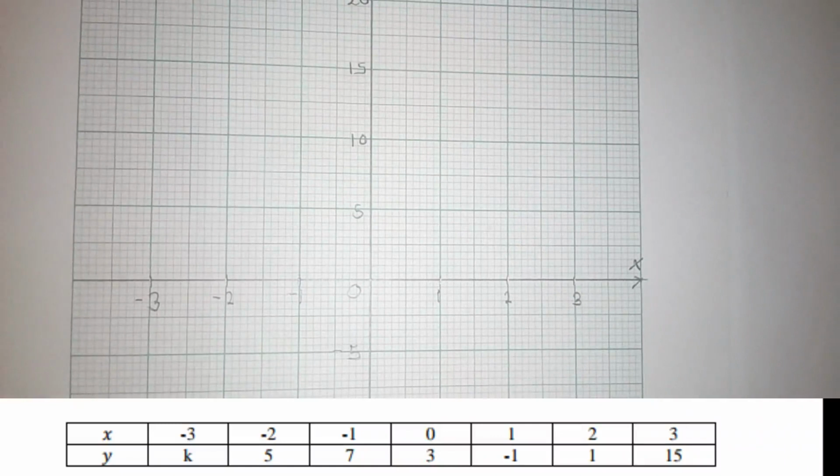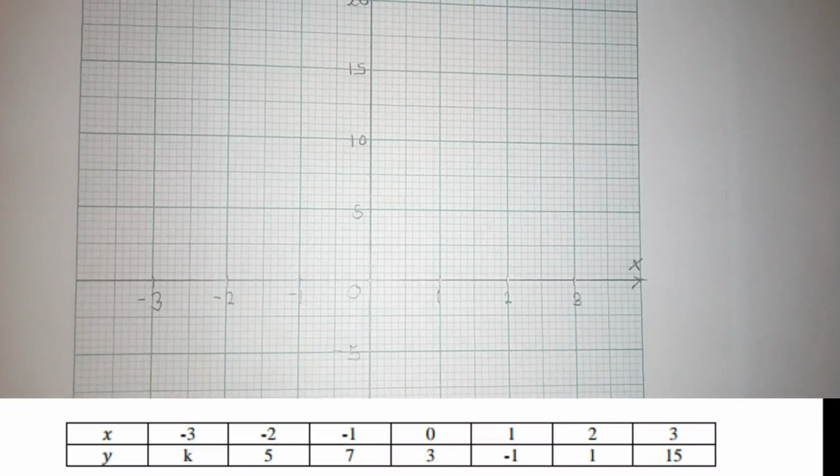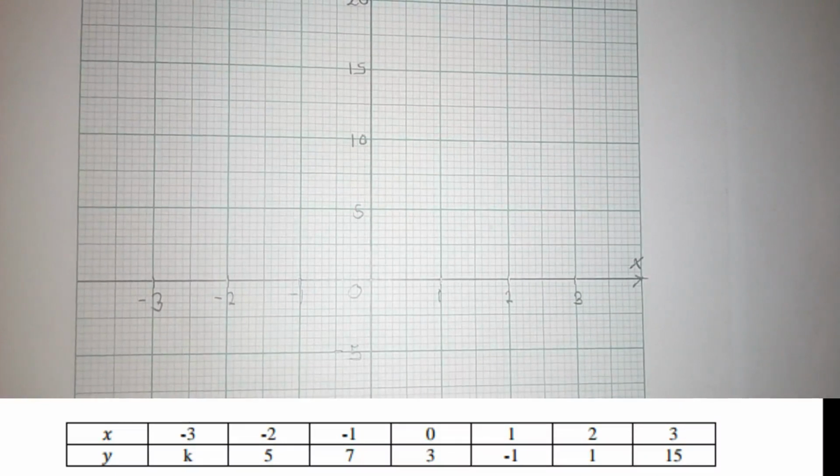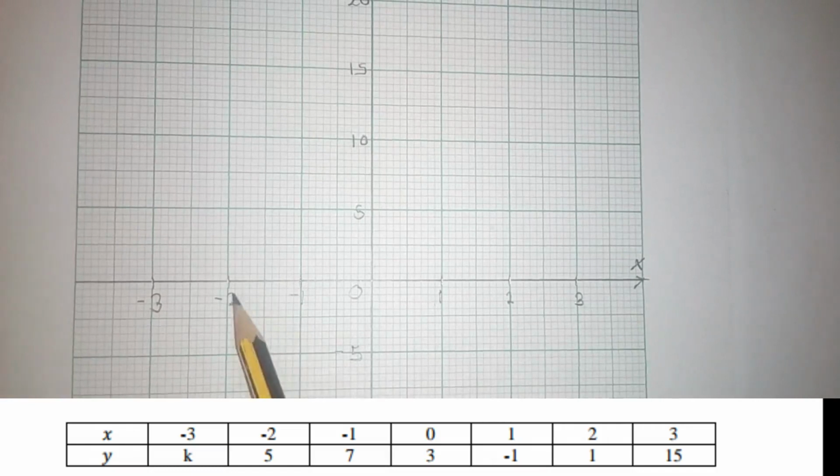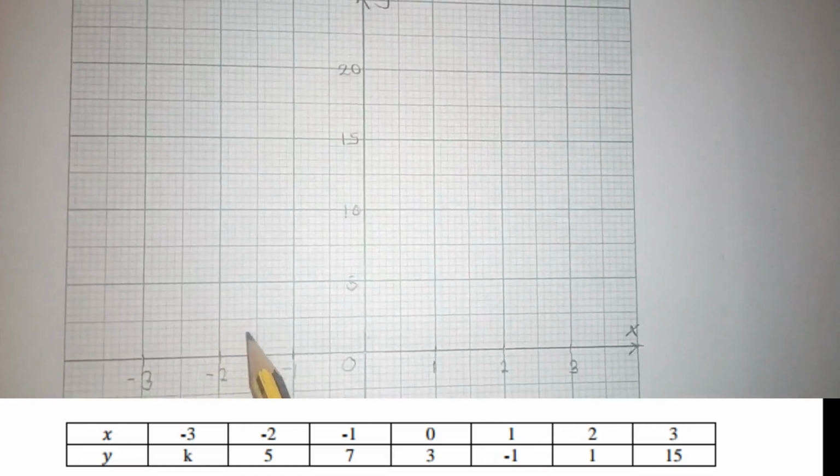So we can now plot. The first coordinate is -3, -9. So -3 will be somewhere here, because this is -9. So -9, -9.5, -10. Yeah, good. Next will be -2, 5.